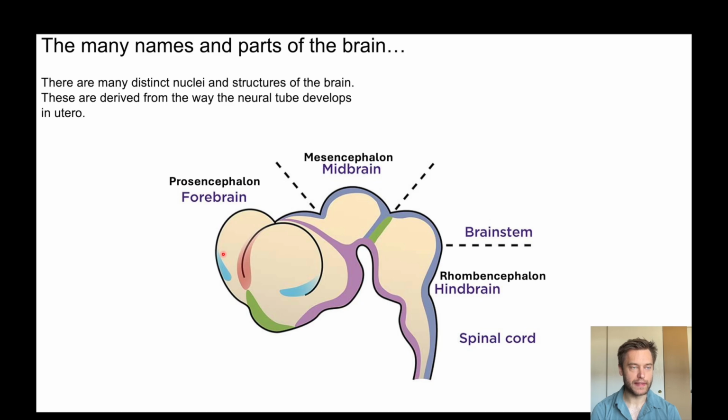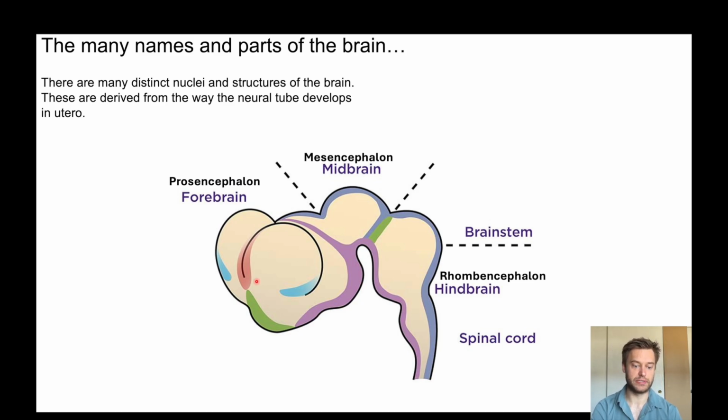So one thing that's really frustrating other than that is just trying to figure out the reason why the forebrain is called the forebrain, the midbrain is called the midbrain, and the hindbrain is called the hindbrain. It is because of this structure right here that I'm showing you, which is the neural tube that your brain evolves from in utero.